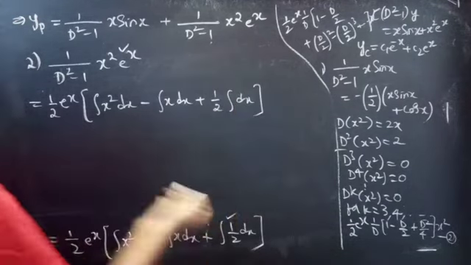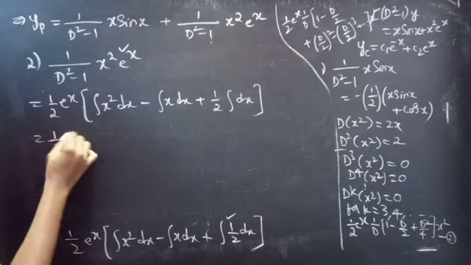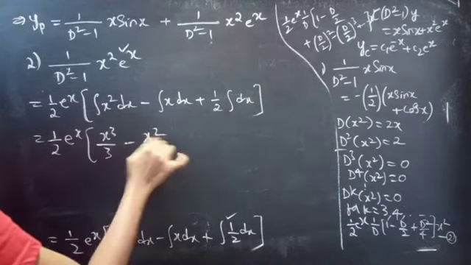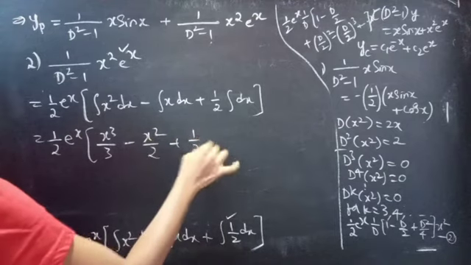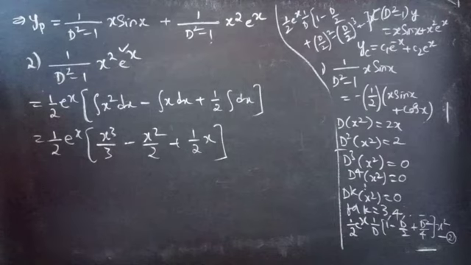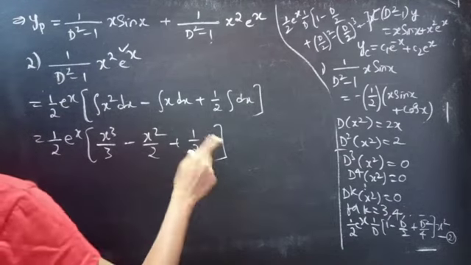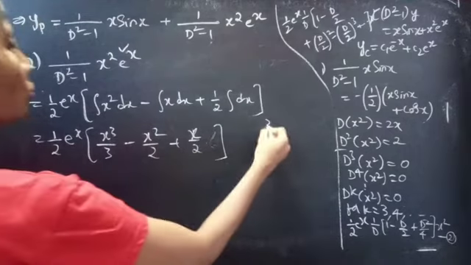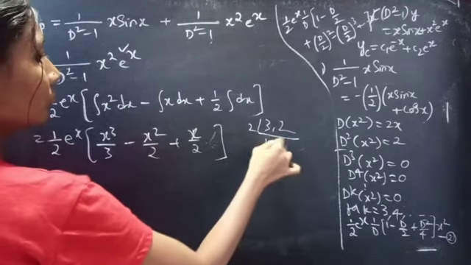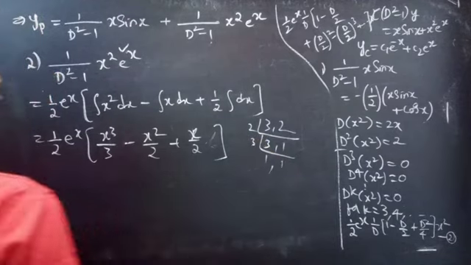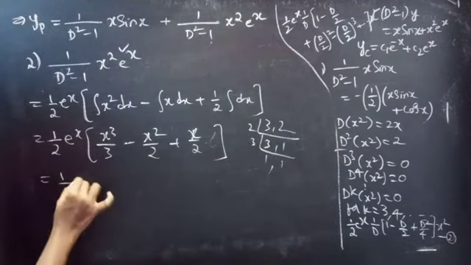Now let's perform integration. We'll get x³/3 - x²/2 + 1/2 x. We can write 1/2 times x as x/2. Now take the LCM of 3 and 2. 6 is their LCM.